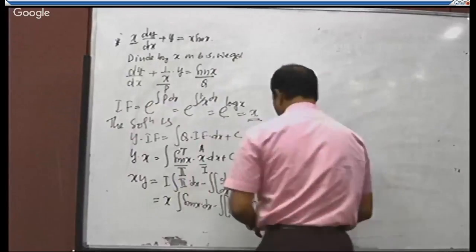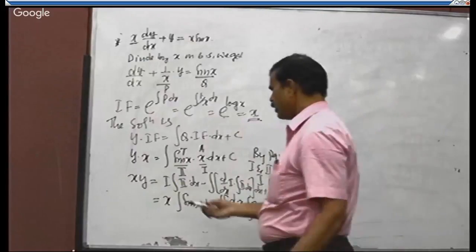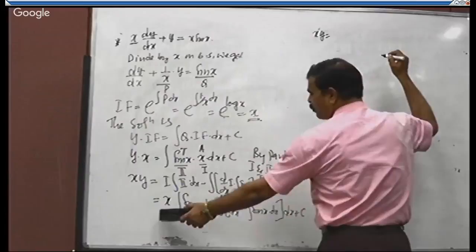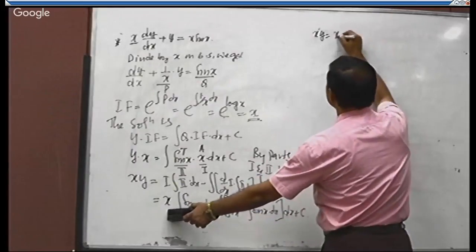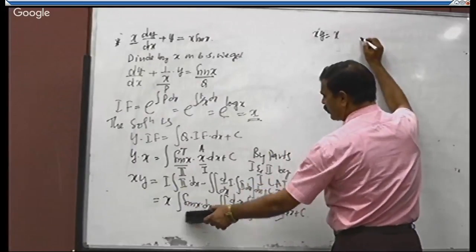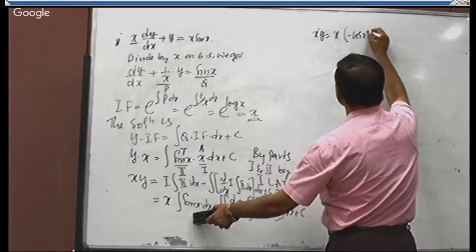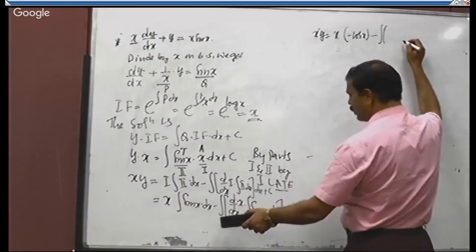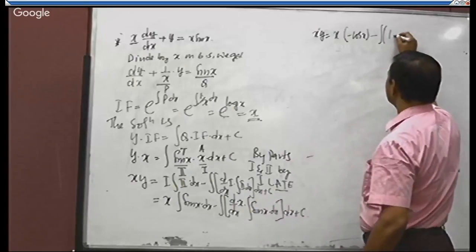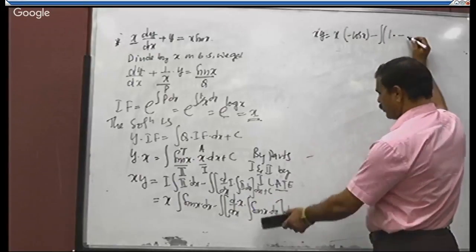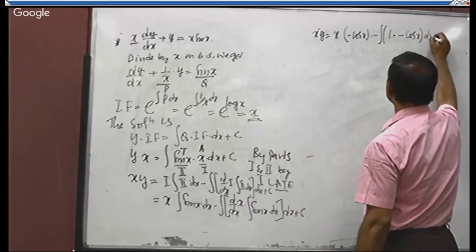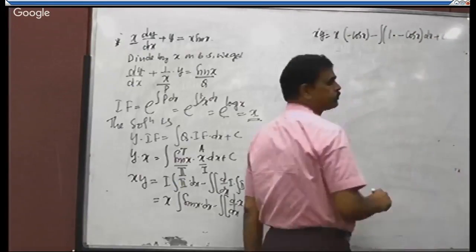Then just integrate it. The left side is x into y is equal to, keep x as it is. What is the integration of sin x? It is minus cos x, right? Minus integral of, put the bracket, differentiation of x is what? 1 into integration of sin x, which is minus cos x, into dx plus c.